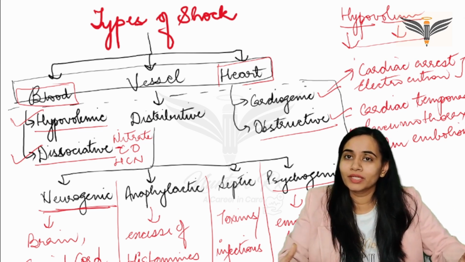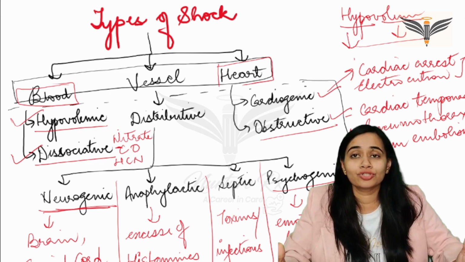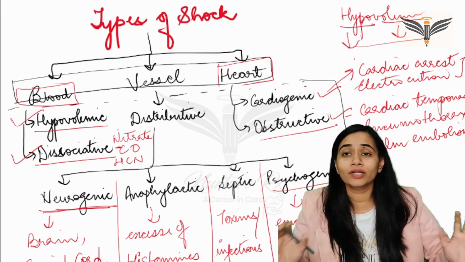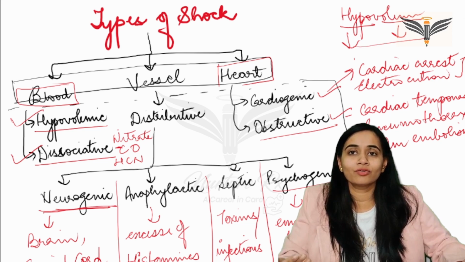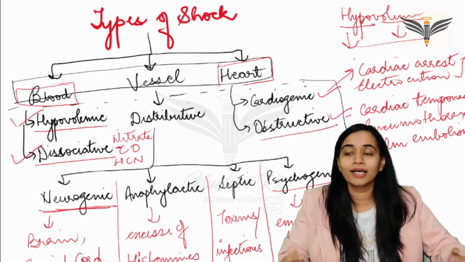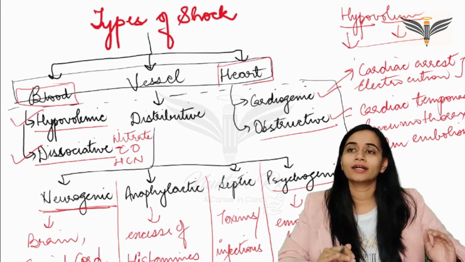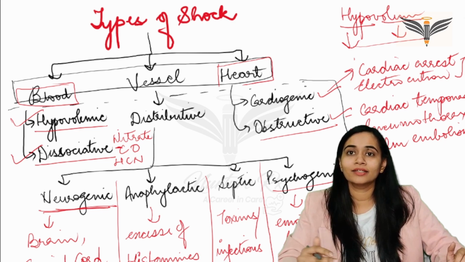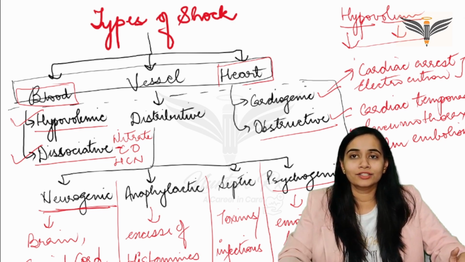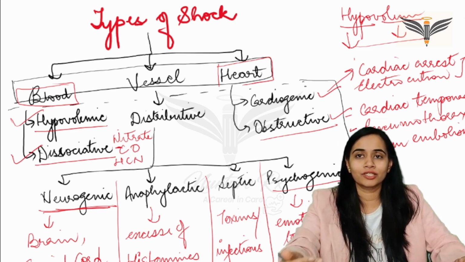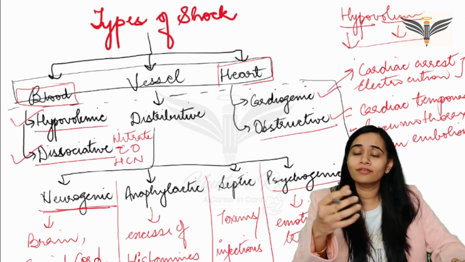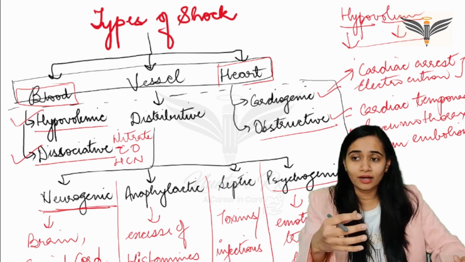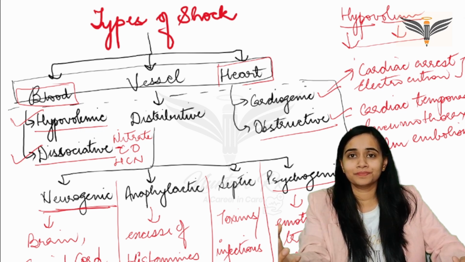So even if nobody is telling you that the patient is in neurogenic shock, if they tell you in what condition the patient has been brought to you, you will be able to find out what kind of shock it is. See, why is this important? The questions will not directly ask that the patient is having cardiogenic shock or obstructive shock. The question will describe a condition.